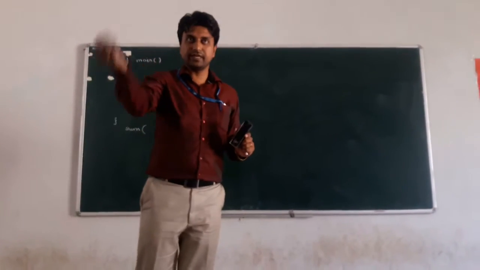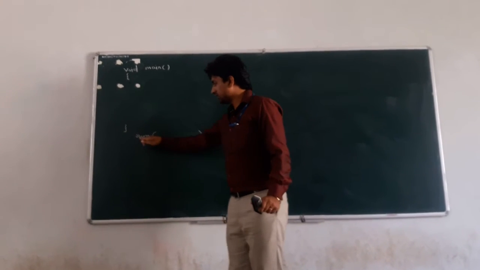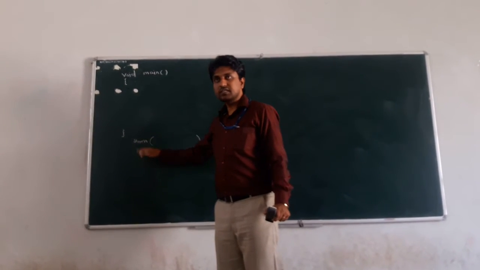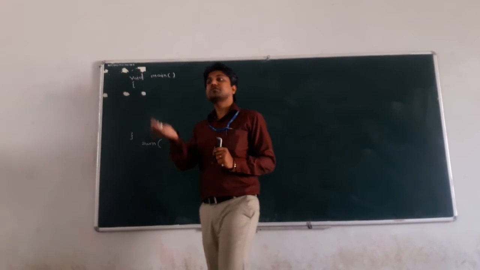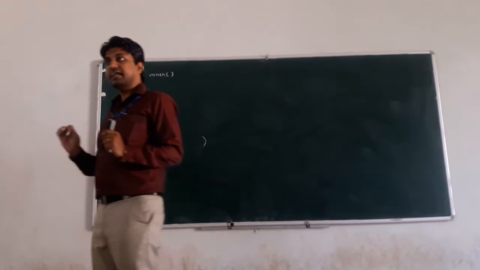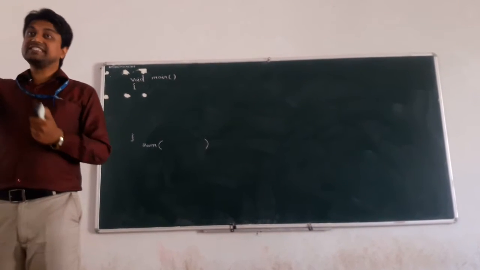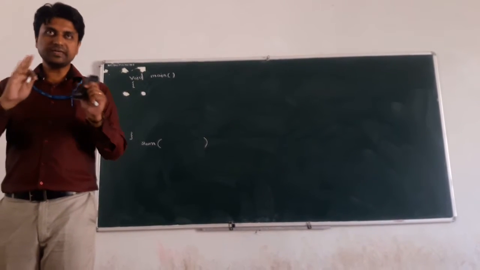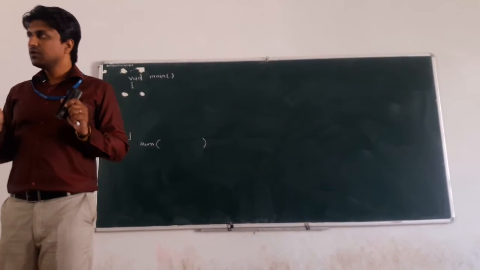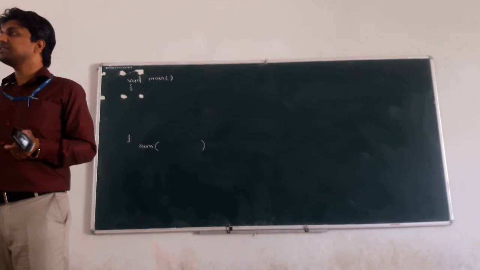So what is the discussion between that main function and sum function? That is the user's requirement. So what is the user's requirement? User wants the sum function, what do you have to do? You can take numbers from the user, make the addition and display the addition yourself. Don't give the return result to me. That is main's requirement. As per that, there is no return type and no argument list.